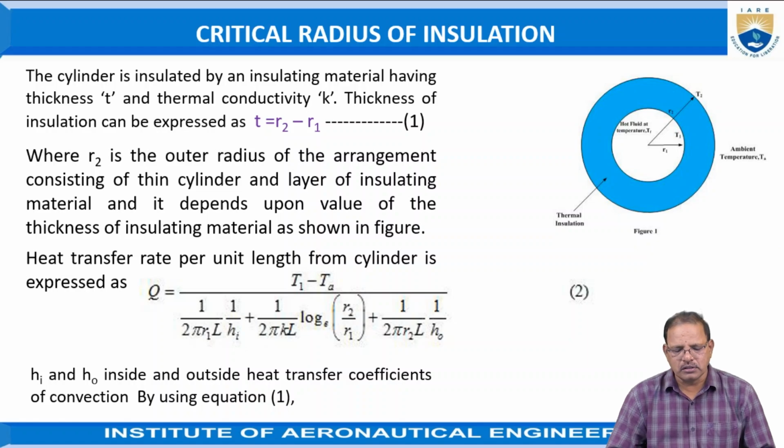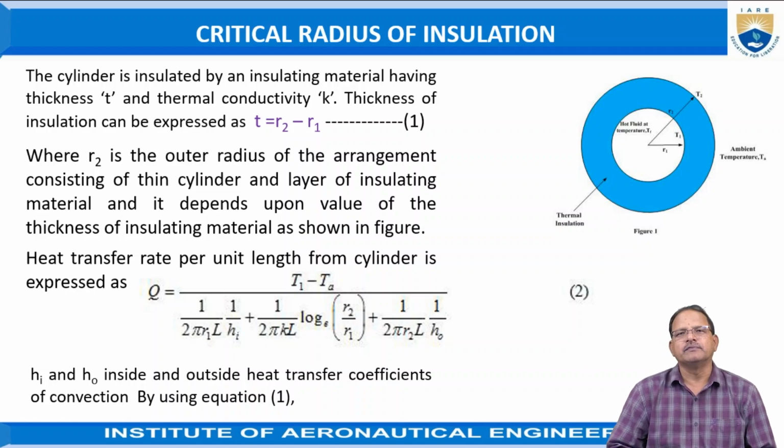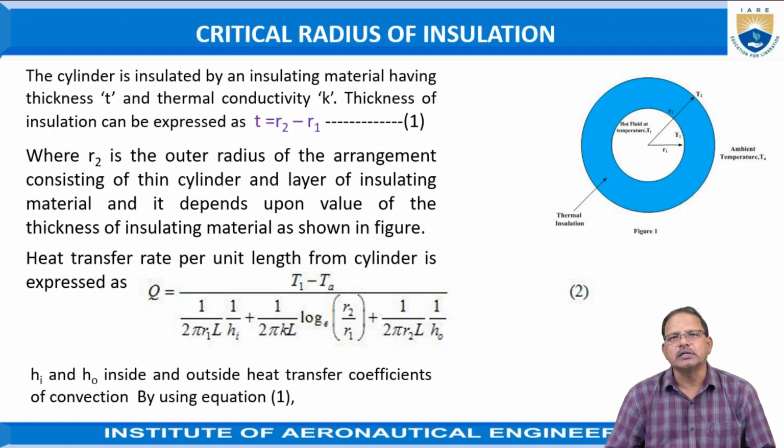Because of the presence of insulation material over the cylindrical surface, the thermal conductivity resistance increases, but it also has an effect on the convection process. Because of the increased surface area, the magnitude of heat energy flowing by the convection process increases.